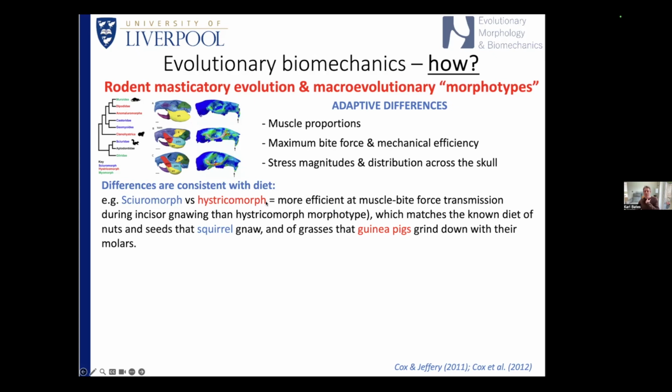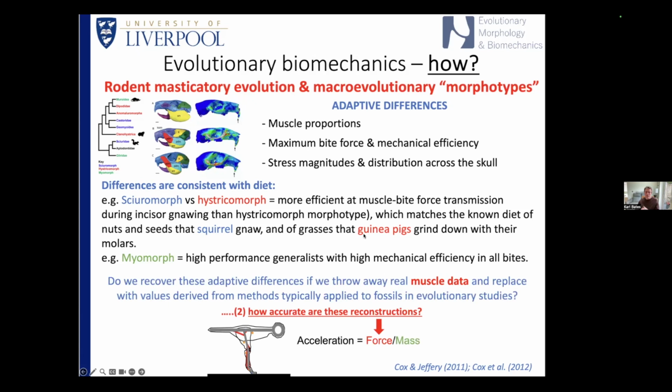We see that the squirrel type morphology is more efficient at incisor gnawing than the guinea pig type, which is more efficient at processing food with the molars, which is entirely consistent with how these animals feed. Whereas our rat type morphology seems to be adaptive for high performance generalism, so being mechanically efficient at all bites.